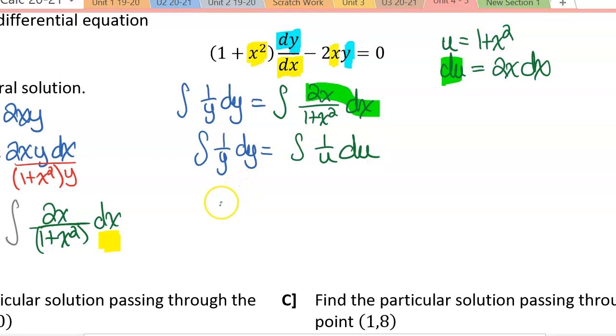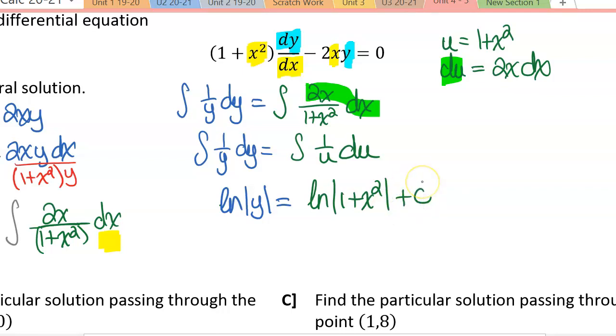So that gives me the natural log of the absolute value of y on the left, and it's going to be the natural log of the absolute value of u, which is 1 plus x squared. And then since we're integrating this, and there's no limits, we need to put a plus c. And if it's confusing you or annoying you, let me just put a plus c there too.